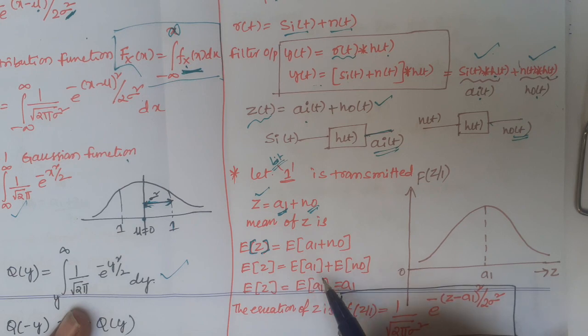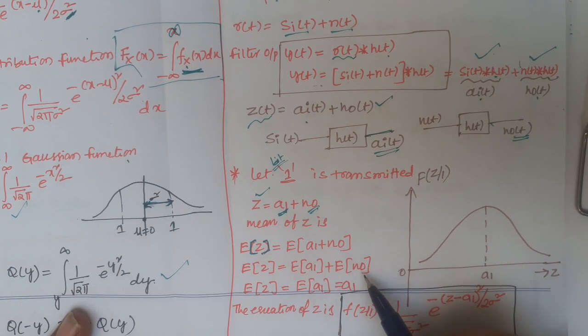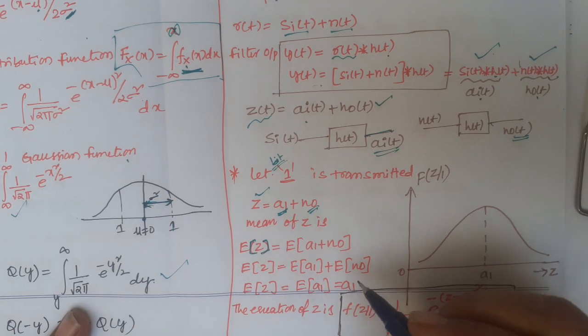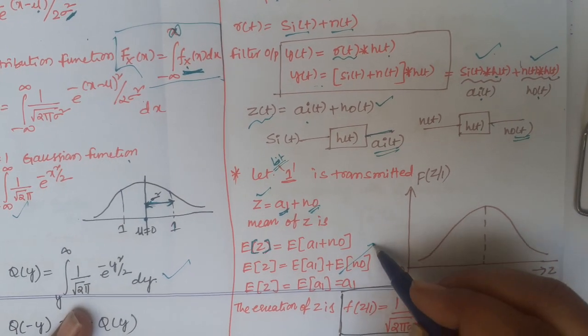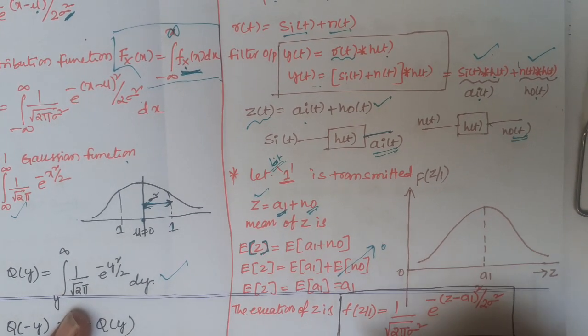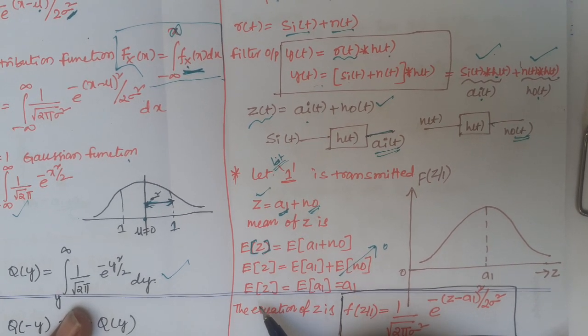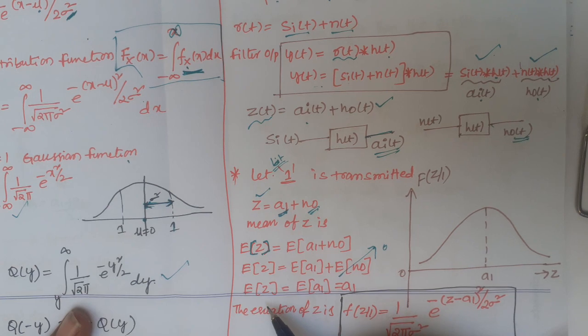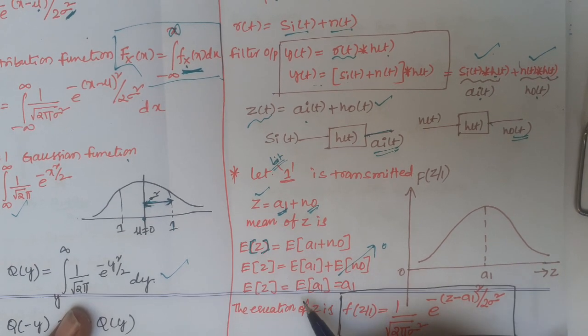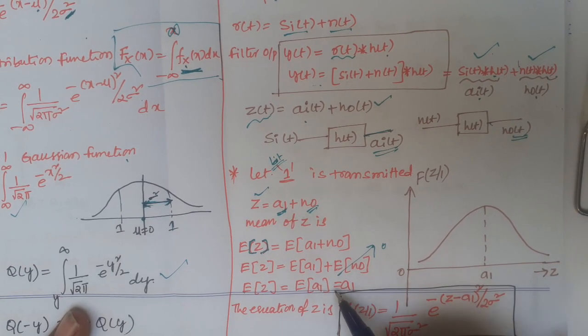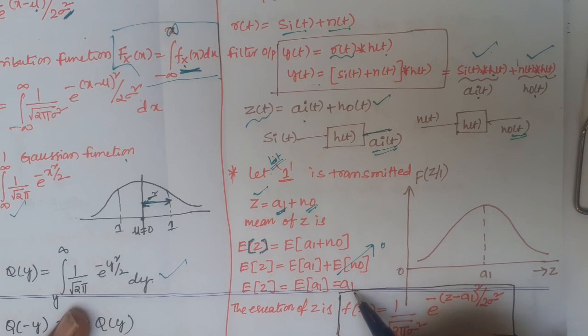We know that the expectation of noise is always 0. So the output of the signal component, E of Z, is equal to the expectation of A1, that is A1.